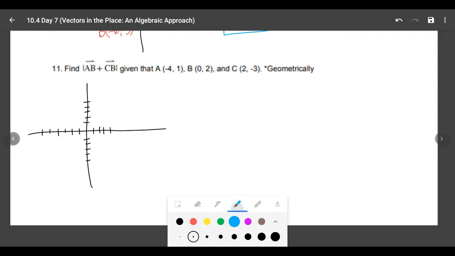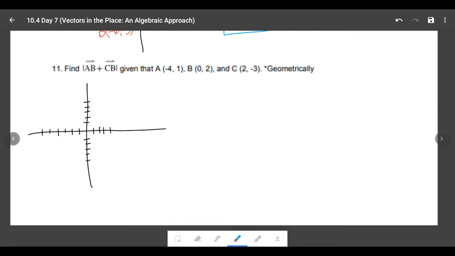So our first vector that we're given is AB. So A is the point (-4, 1) around there. And B is the point (0, 2).